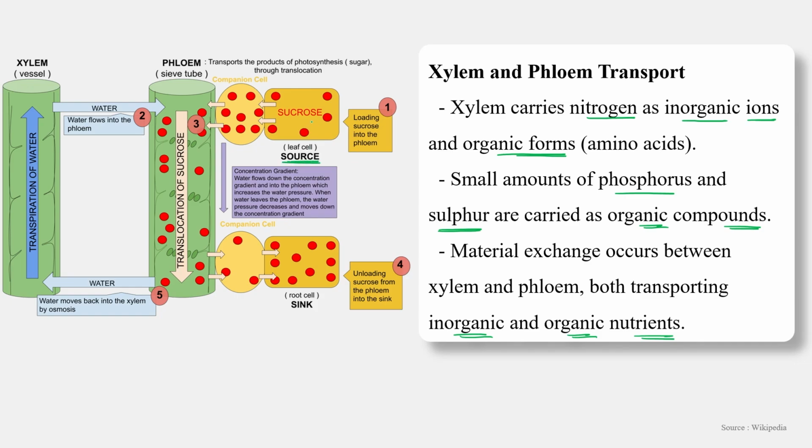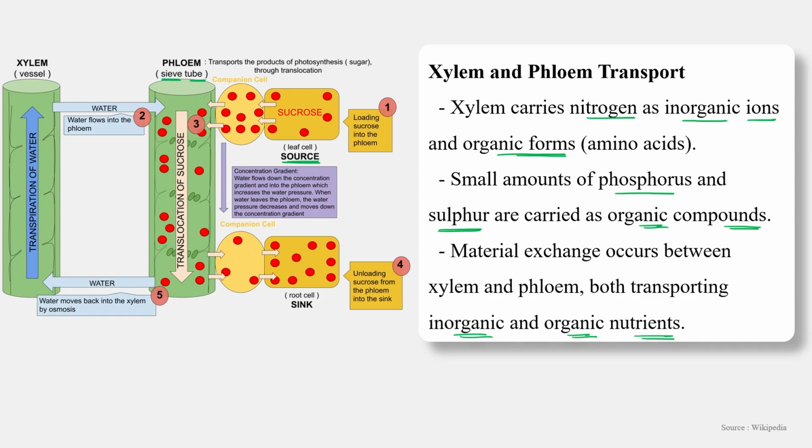Okay, so from source to companion cell, and from companion cell to phloem. As it moves from the phloem towards the sieve tube part of the phloem, which is responsible for the transportation of sugar through translocation, the concentration of the sugar content is high over here.